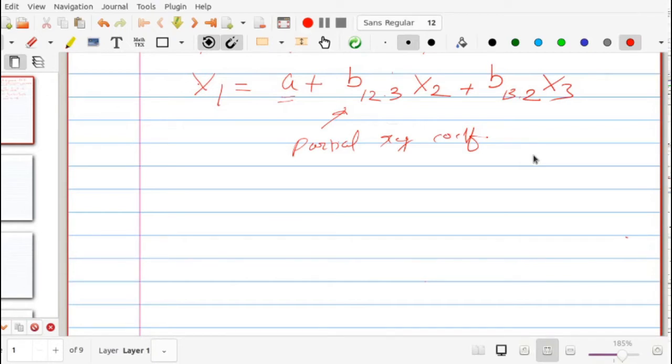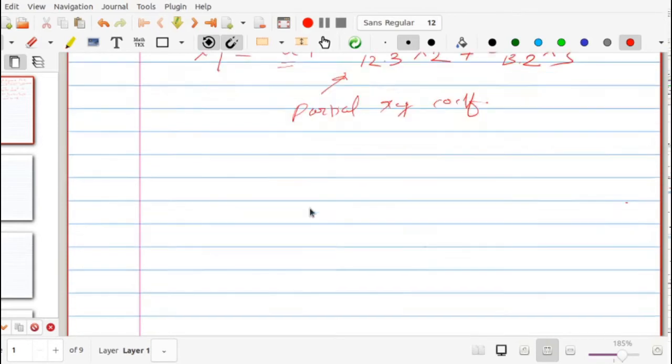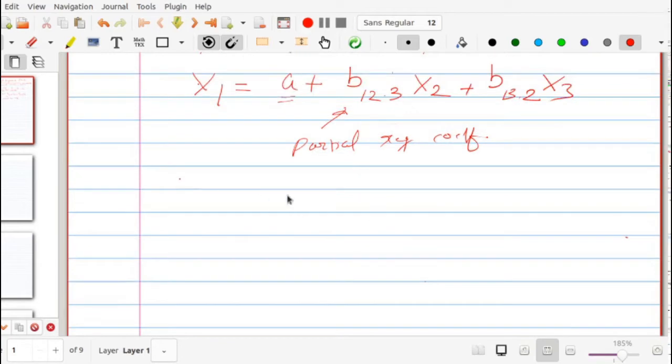Now we will try to derive a relationship between these regression coefficients and the correlation coefficient. That's the whole idea of the multiple regression model mathematically. So x1 is equal to a plus b12.3 x2 plus b13.2 x3, and before we do the subtraction, we can divide this by n if we have n observations.